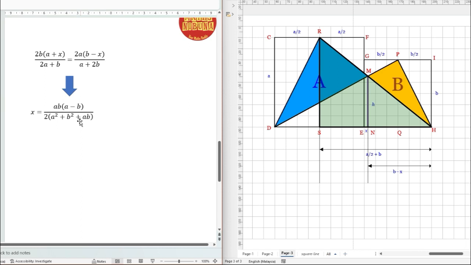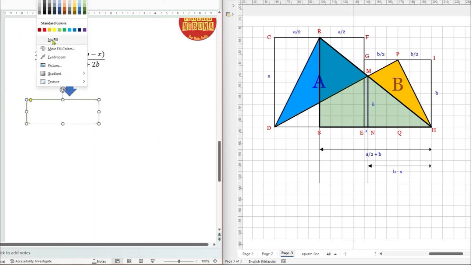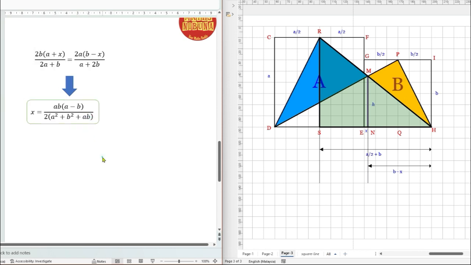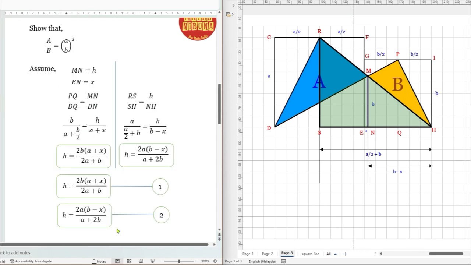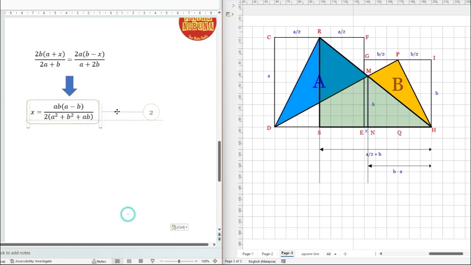So once we find our x, now our job is to find our h in terms of a and b. This is x in terms of a and b. I name it as equation 3.